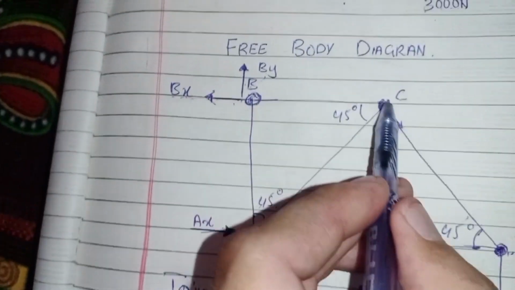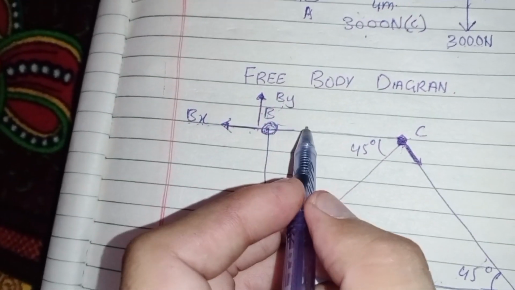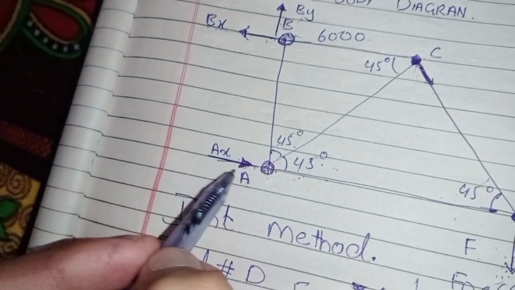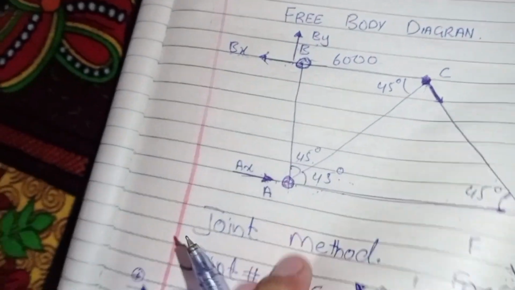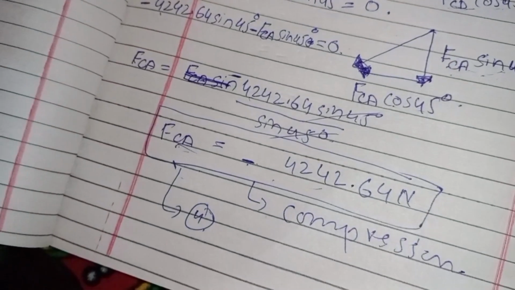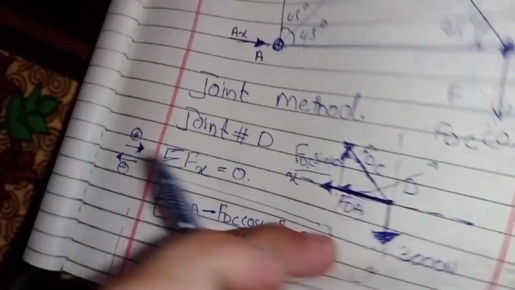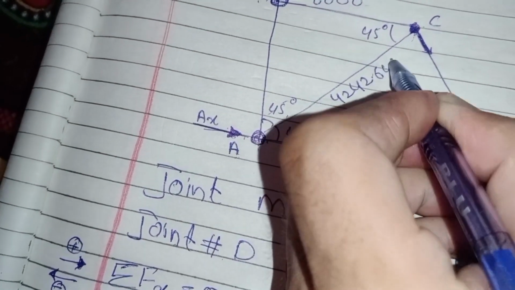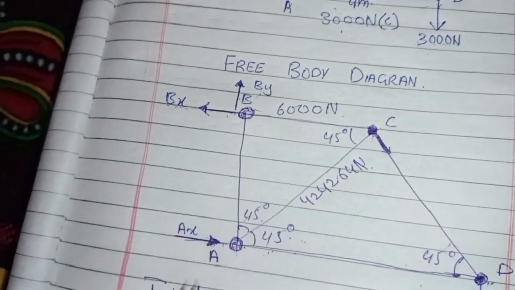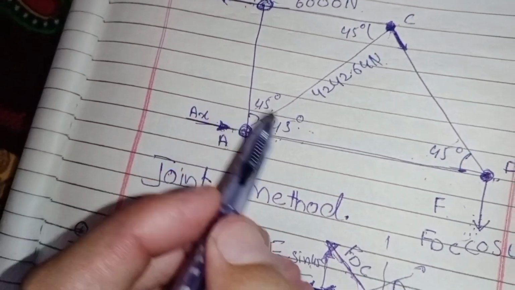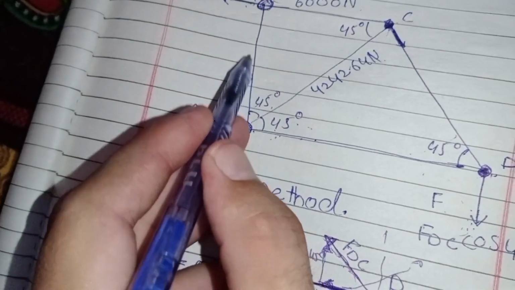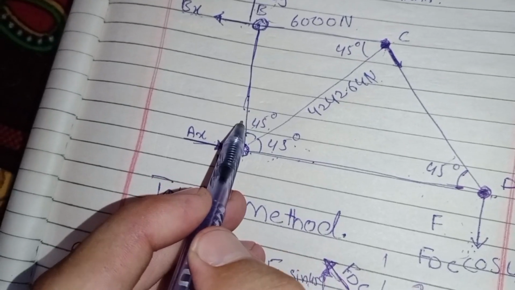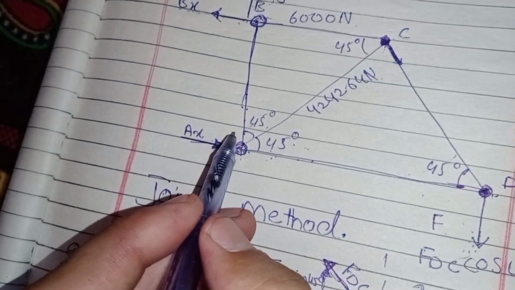Member BC, we get an answer of 6000, and CA we get an answer of 4242.64 Newton. Okay, this is also in Newton. So this answer is missing. This one is missing. So for this member, we have to solve for the answer.